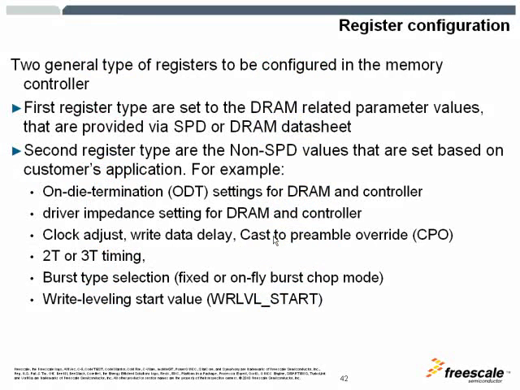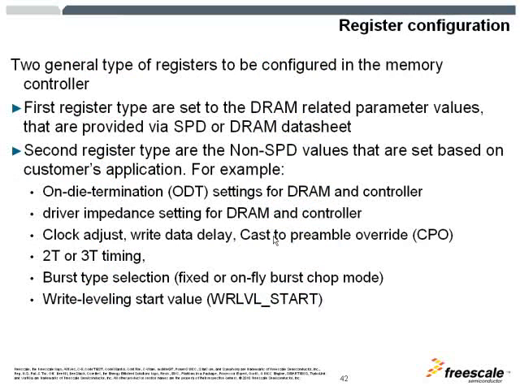There are two types of memory registers when you're trying to set your DDR configuration. I would divide them into a section that is provided by the SPD, predefined in the DRAM data sheet, where you just make sure that you follow the parameters as indicated in the DRAM data sheet.